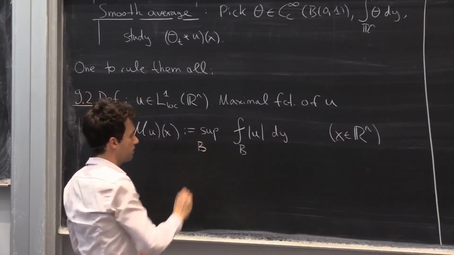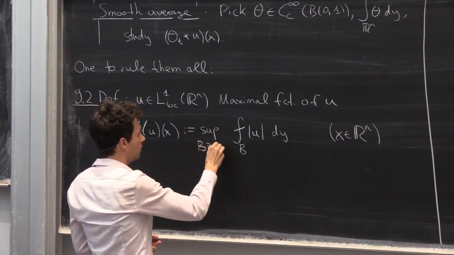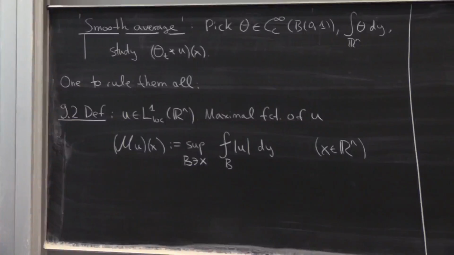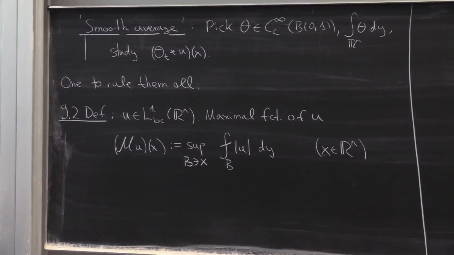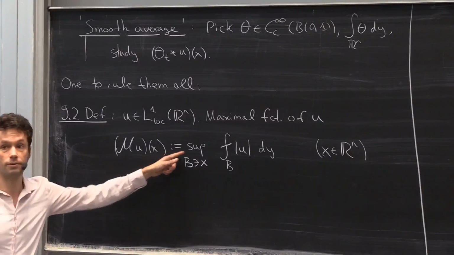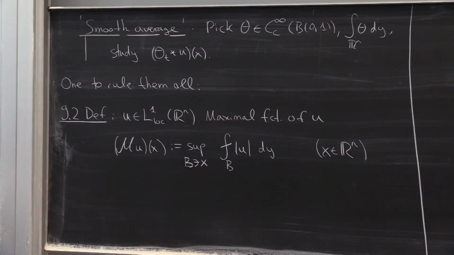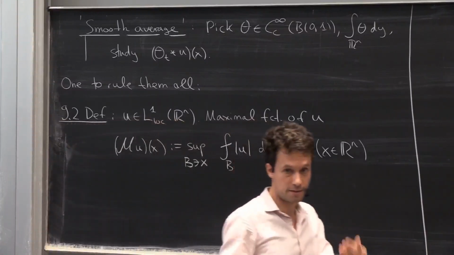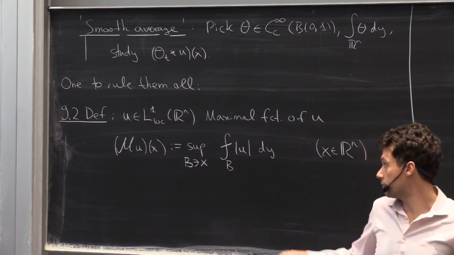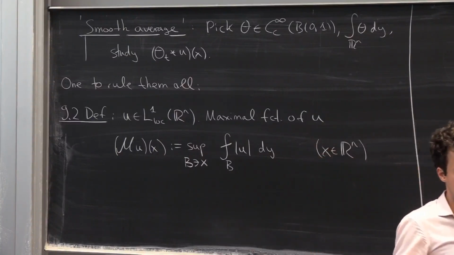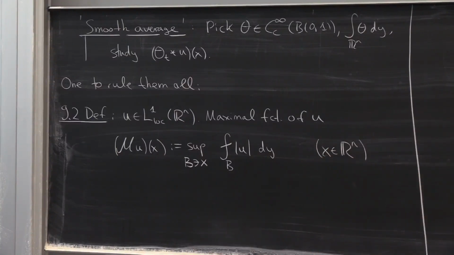Okay, so the sup I'm going to take over all balls. So B is always going to be an open ball, and I take all balls that contain x. Not necessarily balls centered at x. I just take everything. Every ball that contains x is going to contribute to this supremum. You're going to see in a second why the definition that you might have expected during my talking, namely to use only balls centered around x, is not the one that we're going to use.